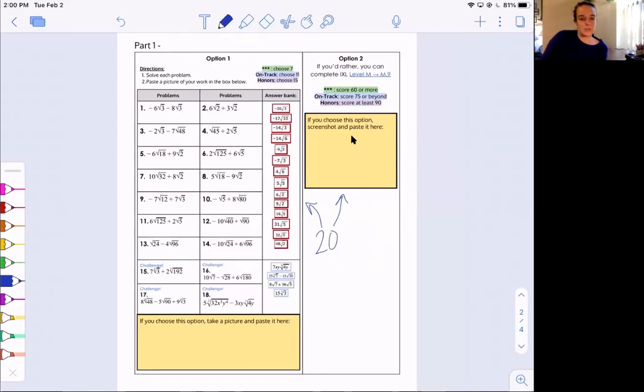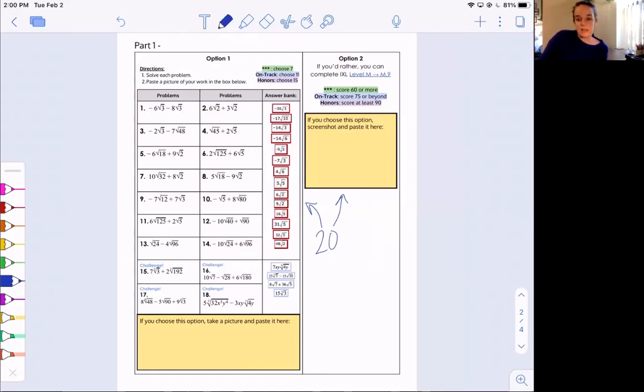That's awesome, you can get some extra credit that way. If you want to do all of option 1 and all of option 2, you can get twice as much extra credit. Or you can do the IXL and maybe 1 on paper. That is how you can get some extra credit today if you want.